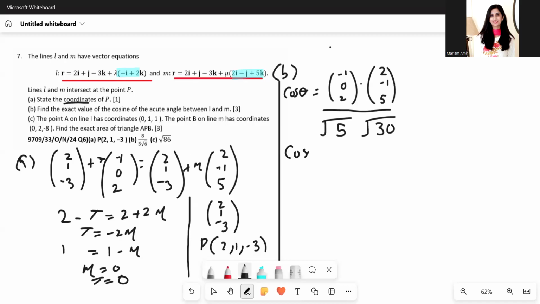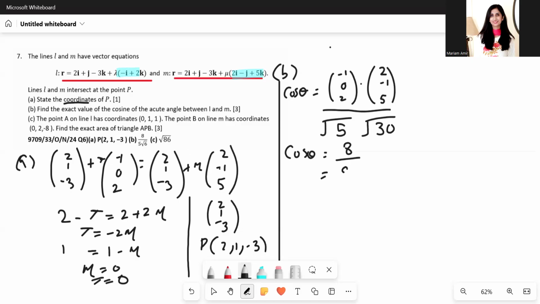Find the dot product in the numerator. We have minus 2 plus 0 plus 10. That's an 8. Now find cos inverse of this. No, in fact, we just have to find cos theta. Find the exact value of the cos of the acute angle. Okay, 8, and what's root 5 times root 30? That's 5 root 6.